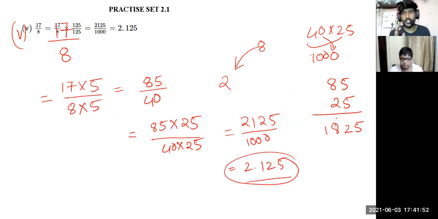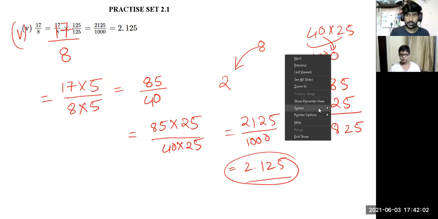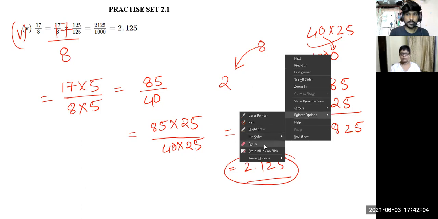Actually, there is a simple trick. I have made a mistake somewhere. I'll find out where I made the mistake and let you know. Okay, so write down this sum.